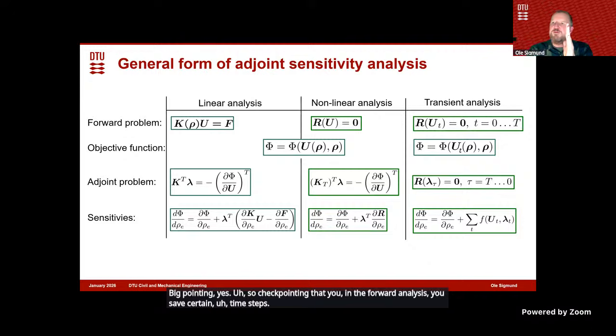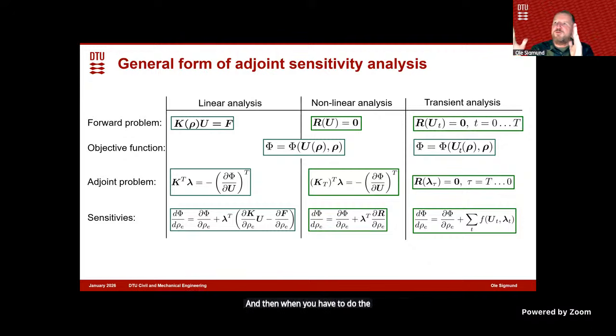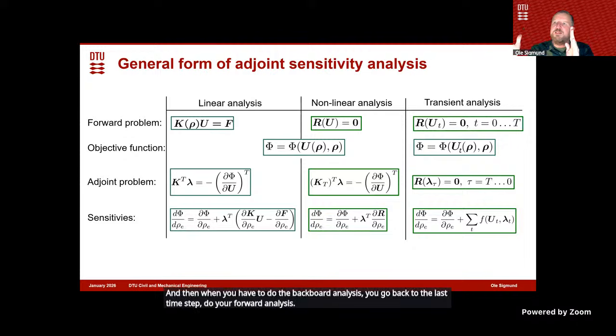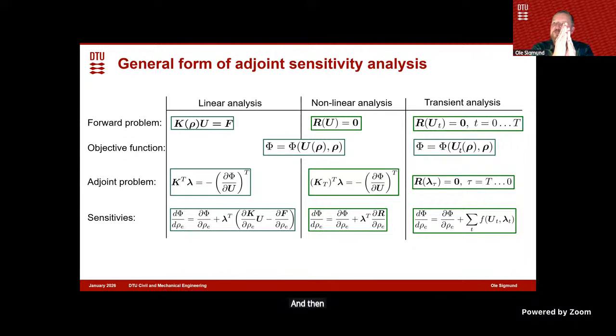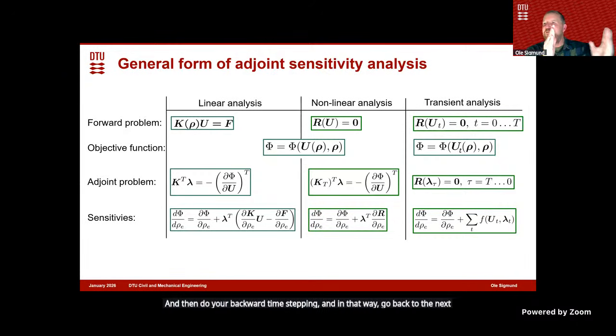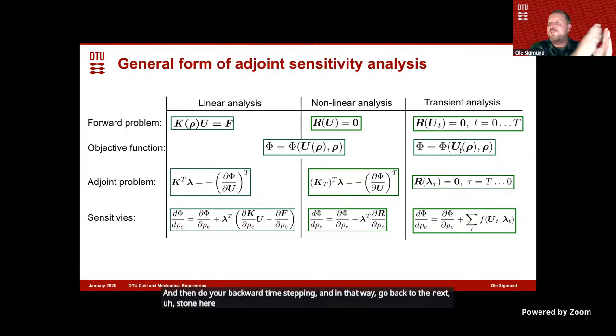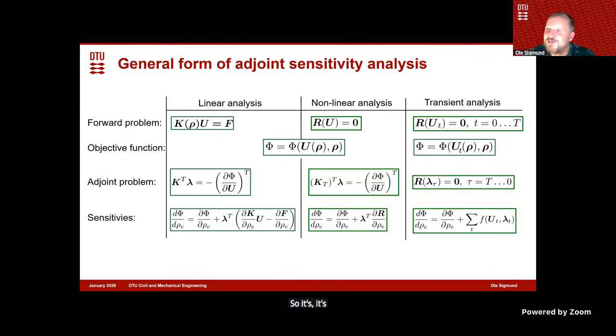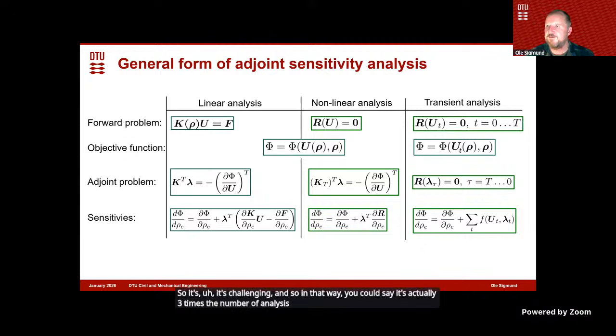And then when you have to do the backward analysis, you go back to the last time step, do your forward analysis, save the steps, and then do your backward time stepping. And in that way, go back to the next stone here, and then redo the forward analysis and stuff. So it's challenging, and in that way you could say it's actually 3 times the number of analyses because you have to redo the forward time stepping.